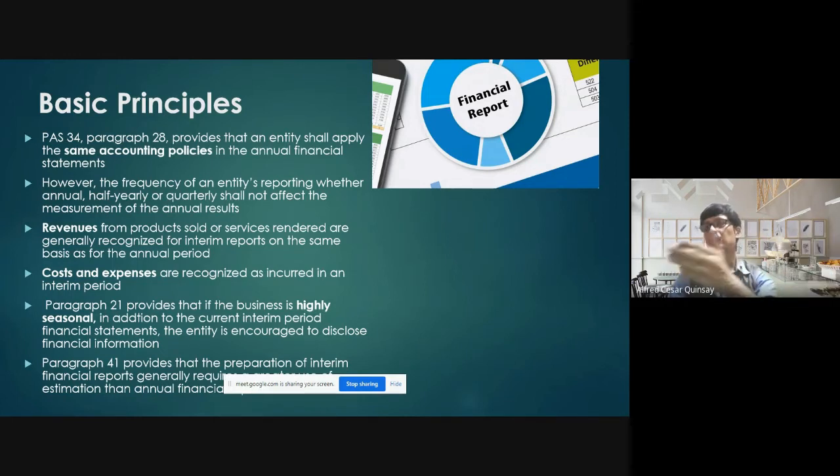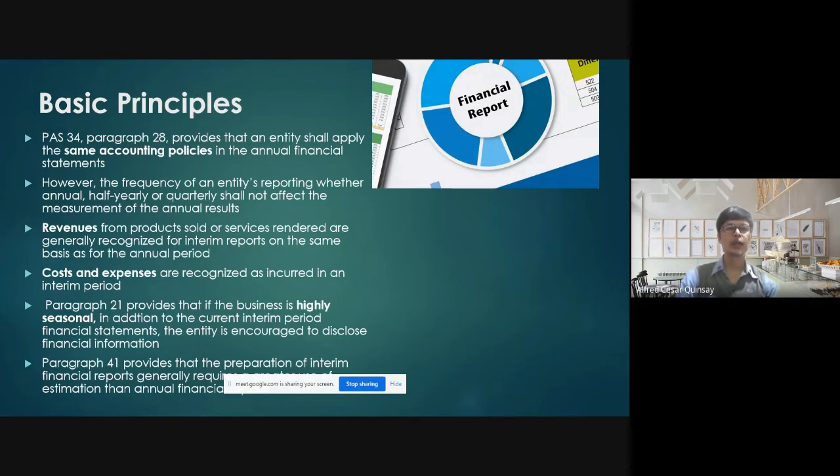Pero yung mga months, let's say for the next 12 months, let's say March, April, May, June, July, hindi na sila affected. So pero meron pa rin, it should be also disclosed, no? Okay, for the latest 12 months. And then comparative information for the prior comparable 12-month period.